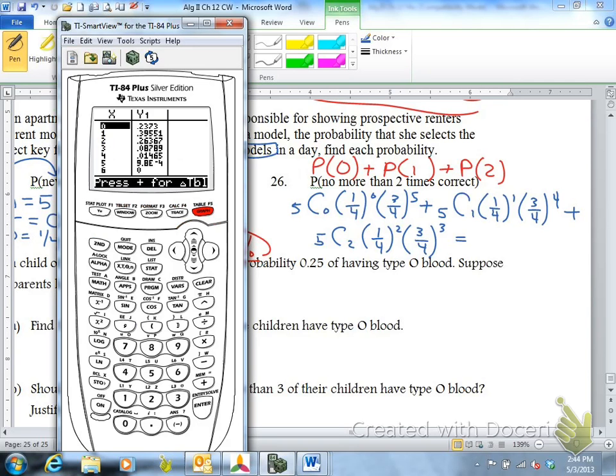So the answer would be 24%, plus 40% is 64% so far, plus another 26 would be 90%.